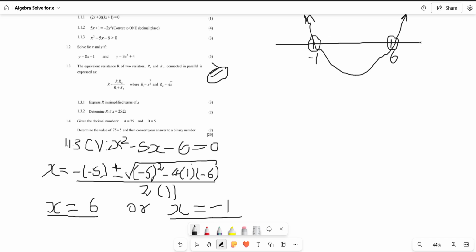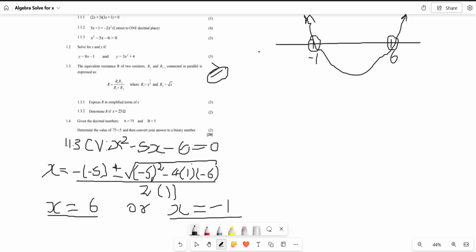Here is our number line. We are going to check the region of the parabola that lies above. When you check from this critical value, this line lies above the number line. And also this part of the parabola lies above the number line. These are the two regions where the parabola is positive.